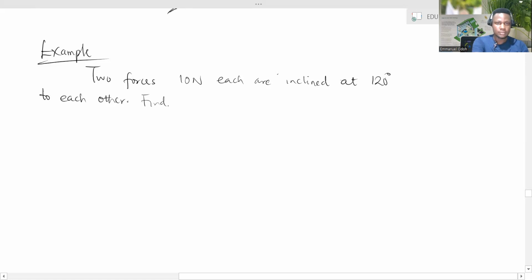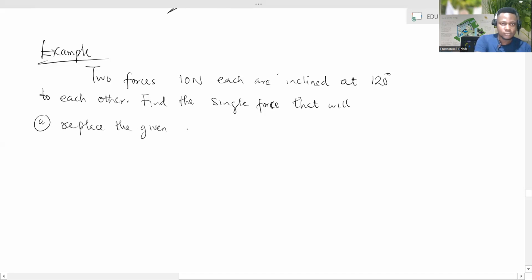Find the single force that will A, replace the given force system, and B, balance the given force system.